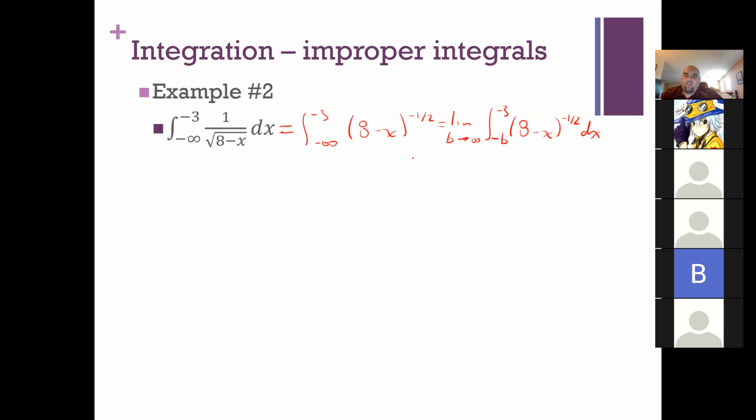So what is the antiderivative of this function this time? Two times the square root of 8 minus x. 2 times the square root of 8 minus x.